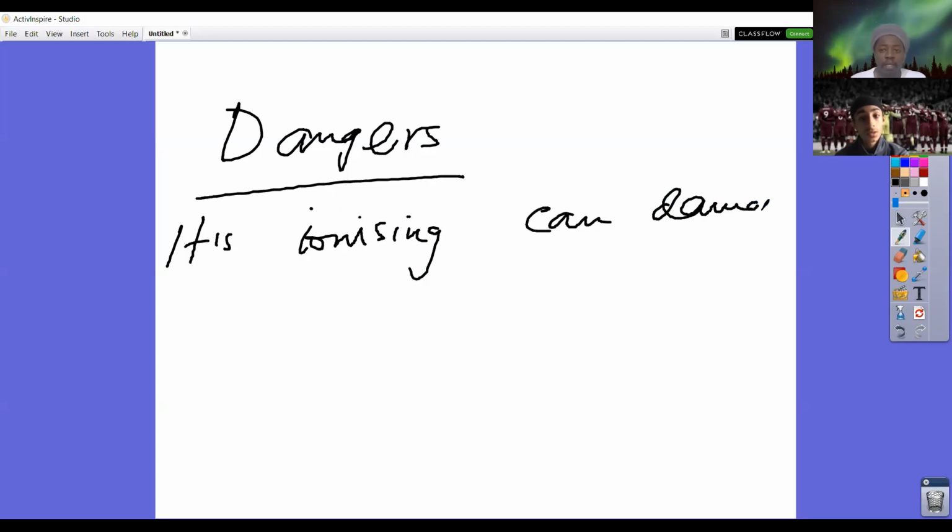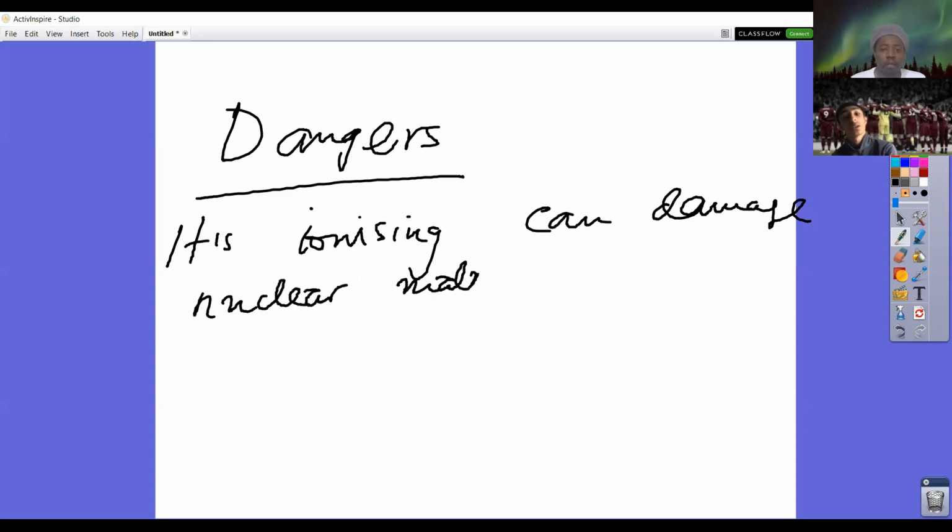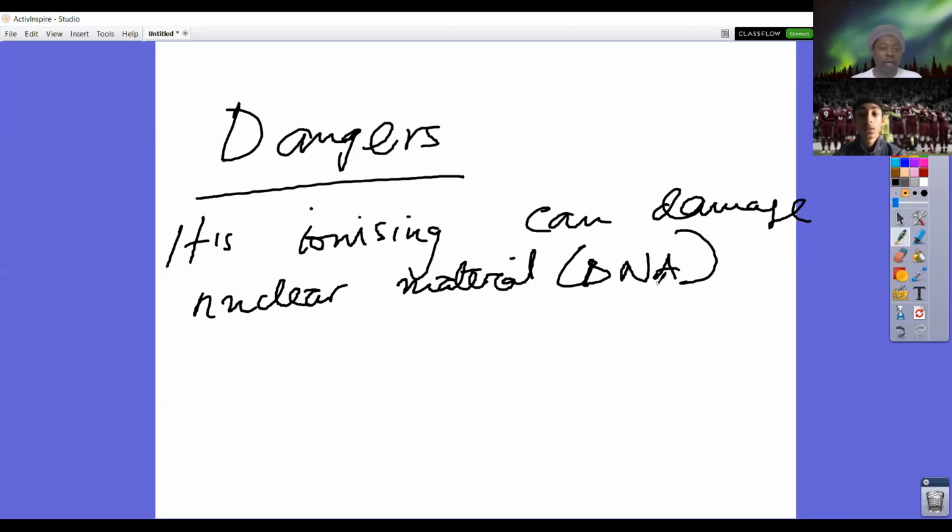Why can it damage the cells? Because your cells are made of atoms, and atoms have electrons around them. If it knocks electrons from the atoms that make up your cell, the cell is essentially left charged with ions in it, and that may disturb nuclear material, especially DNA. So when the DNA then replicates to make new cells, it can't make them as healthy or with the right functionality as before.